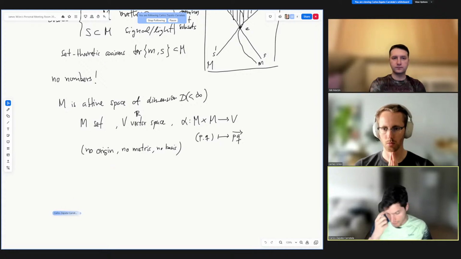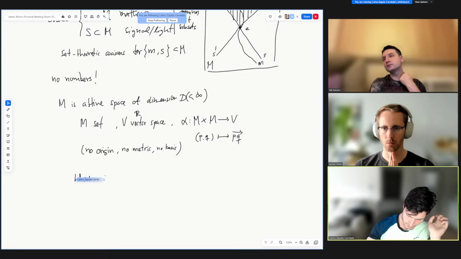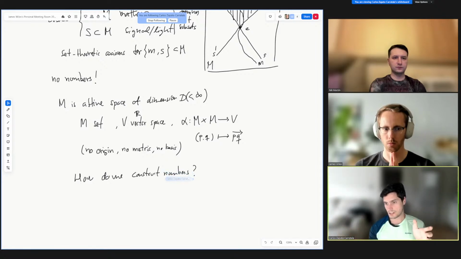So the idea is how to construct numbers, right? So it's similar to, it's how do we construct numbers? I mean, it might sound like a stupid question, but it's not a trivial thing to say.